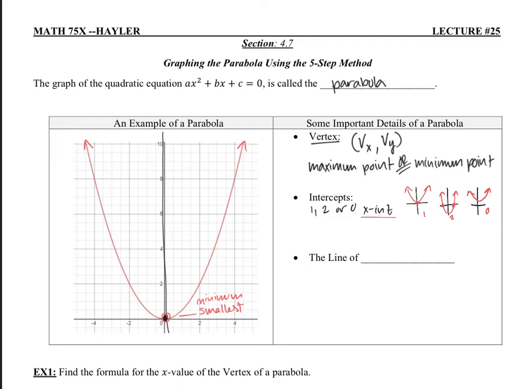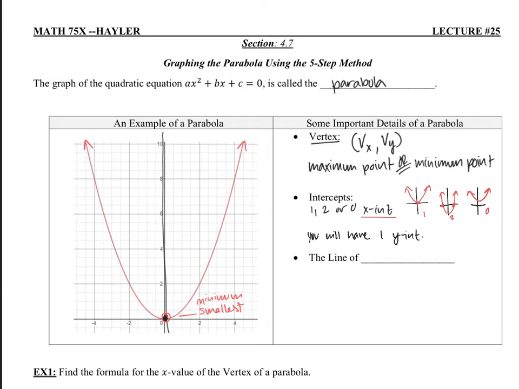That's the interesting thing about the x-intercepts of a parabola. Now for the y-intercepts, you're only going to ever have 1, and you will always have at least 1. You always have 1 y-intercept.